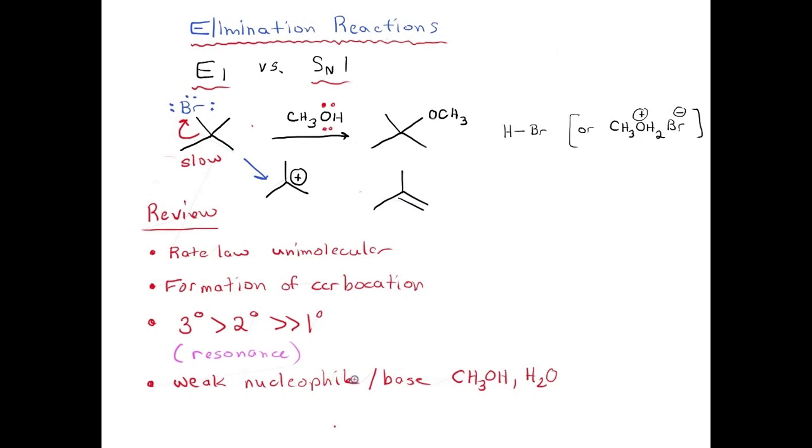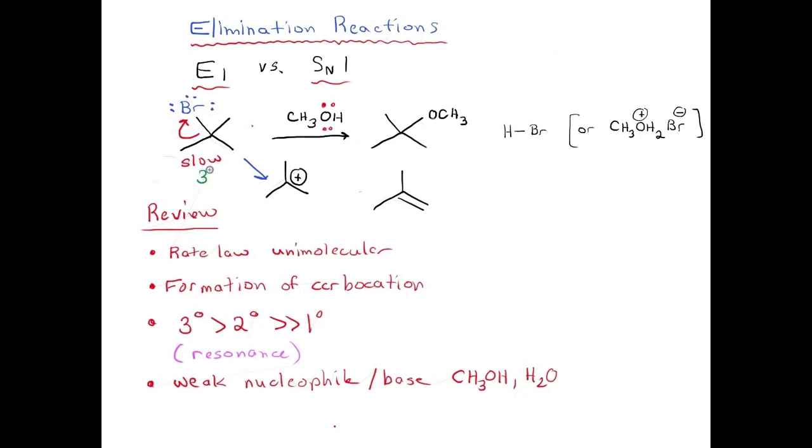Okay, so those are the key things that E1 and SN1 reactions have in common. Let's look at this reaction to see what the major product is going to be, and that's how we're going to start answering the question of E1 versus SN1.